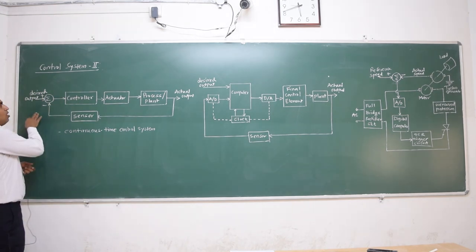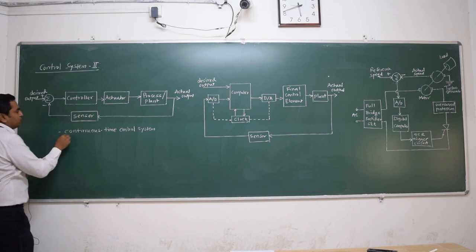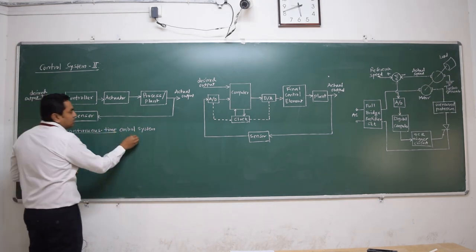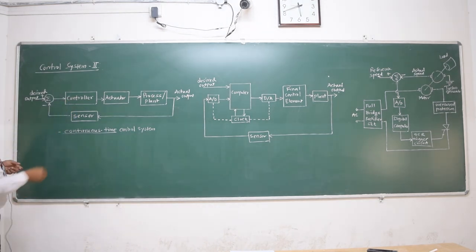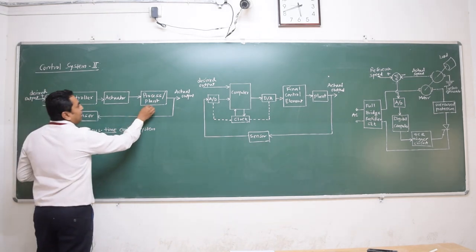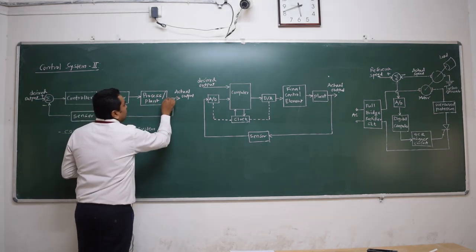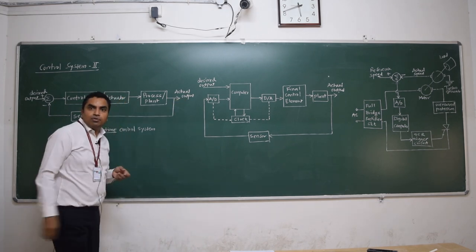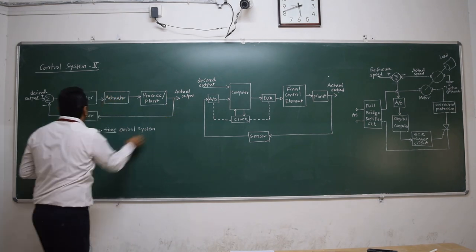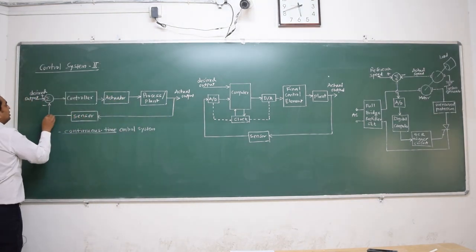This is a typical block diagram of the closed loop control system. Since we are talking about continuous time system, I have mentioned here continuous time control system. We have a plant or the process or the system to be controlled. Here we have some control objective. We will be controlling some parameter of the system. That parameter will be sensed by the sensor, and sensor will send the signal here.